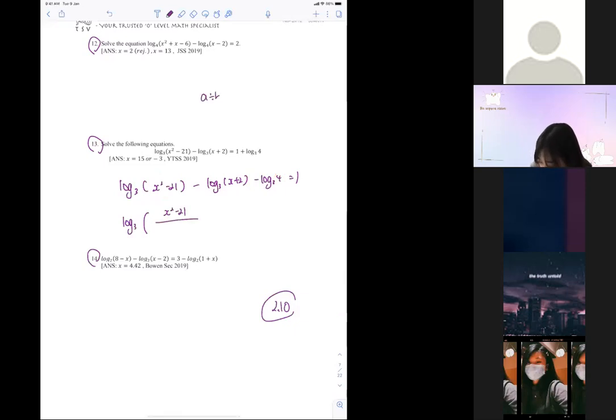If it's A divide by B divide by C, it's A over B times 1 over C. So A over BC. Same thing, it's just A over BC. So 4. Then this one bring over.